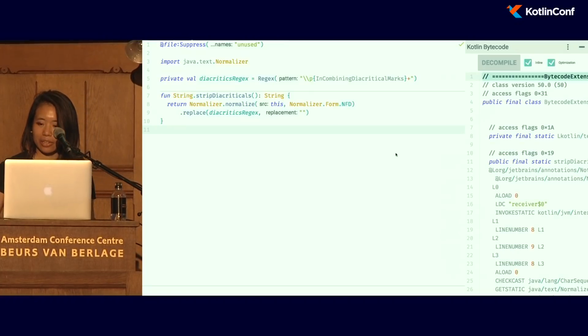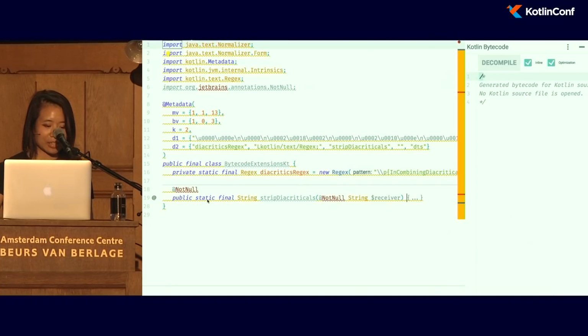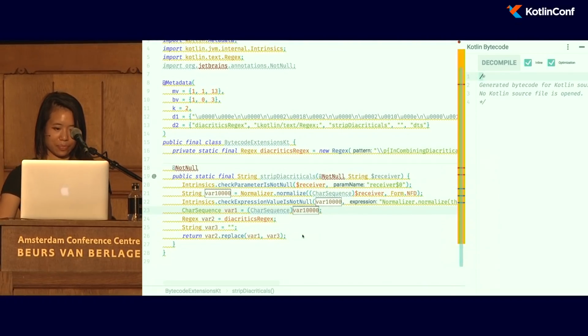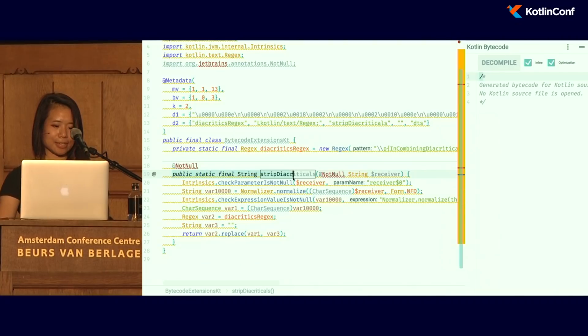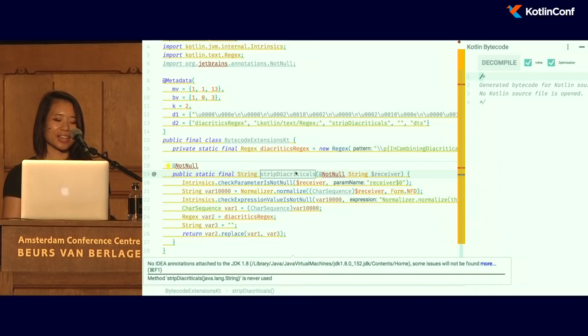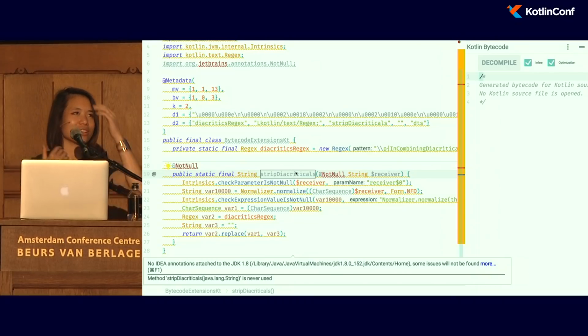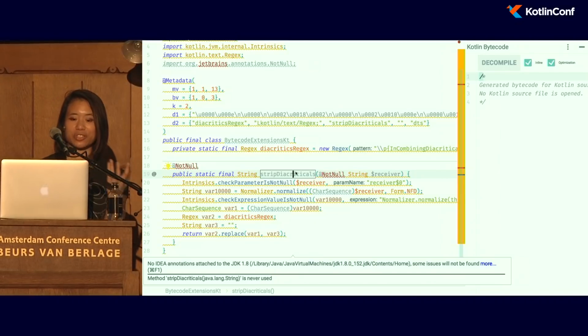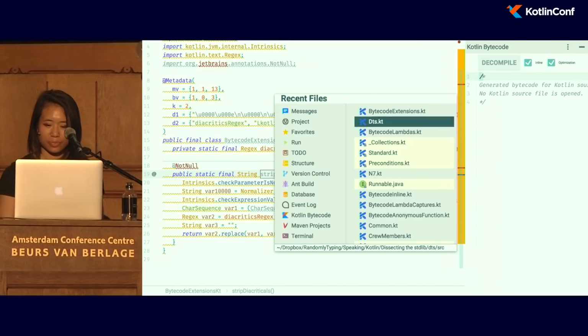And if I actually look at the bytecode, and I'm going to cheat this time and compile it down to Java, you can see that the implementation here is just a static utility method, just like I had before. So you can be assured that there are no extra performance impacts. You're basically doing what you've always been doing in Java, but in a much nicer syntax in Kotlin.